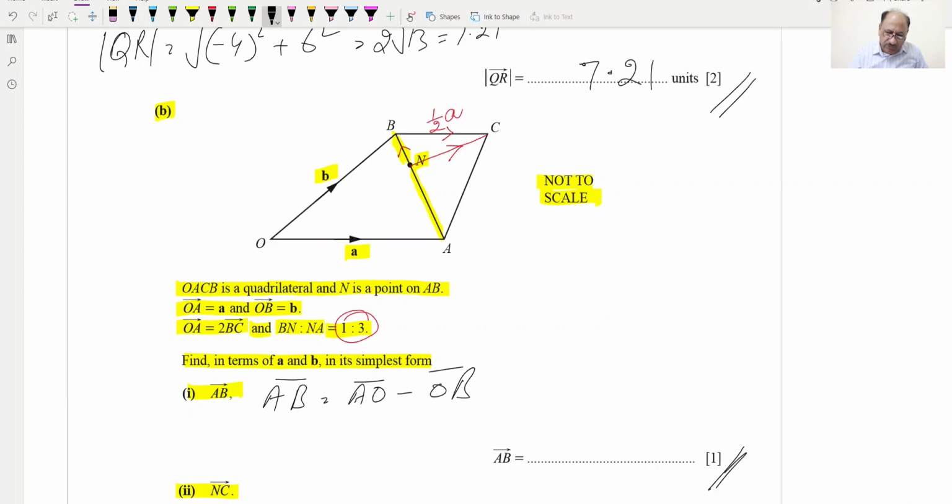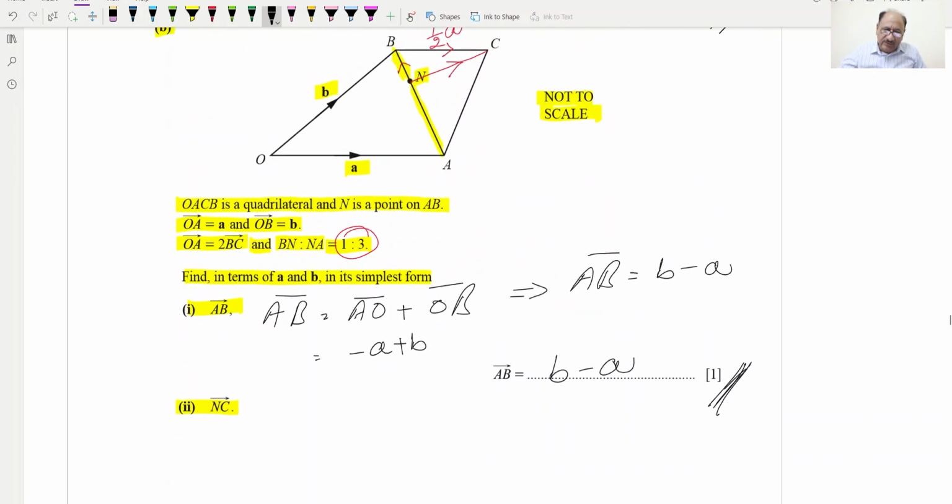So this is the vector. We can write AO is minus A, and this should be plus, so minus A plus OB, which is B. So we can write this implies AB vector is equal to B minus A. So this is basically B minus A.